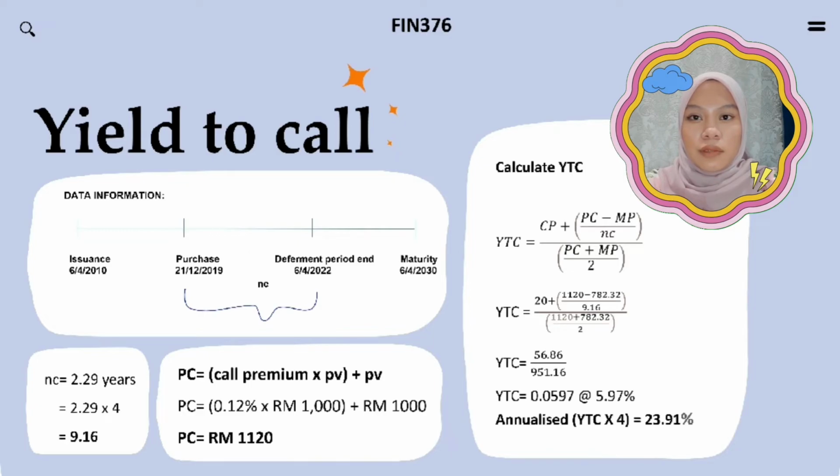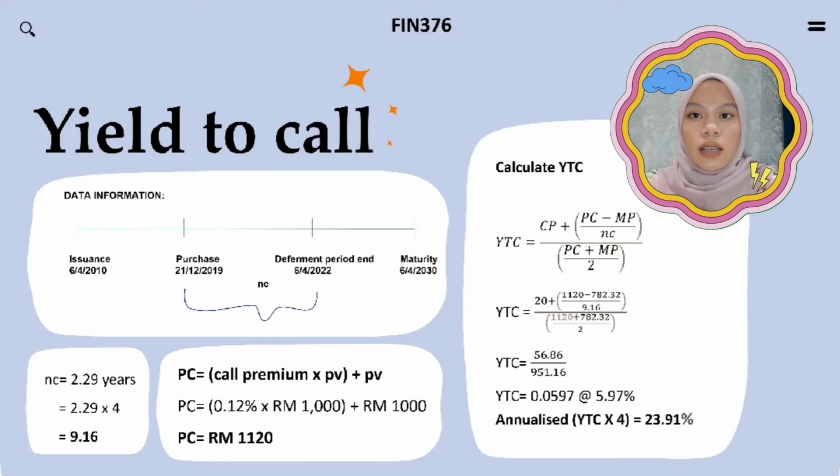As the time frame shows, the issuance of the bond is on 6 April 2010, followed by the purchasing of the bond on 21st December 2019. The deferment period ends on 6 April 2022, and last but not least, the maturity is on 6 April 2030.